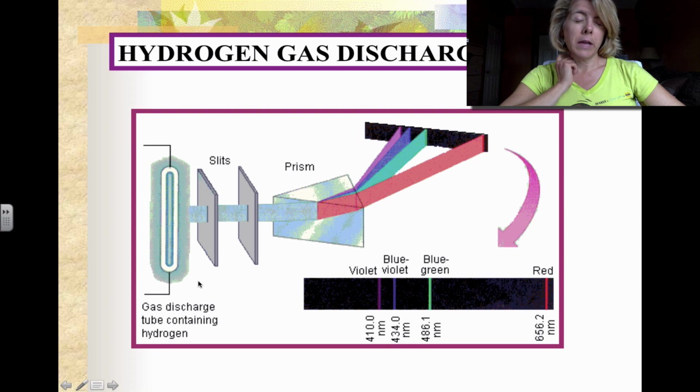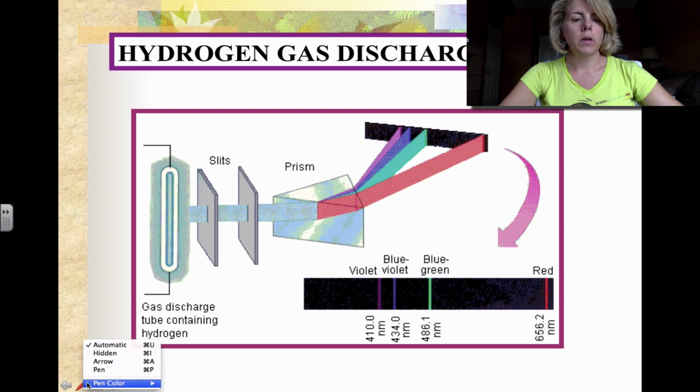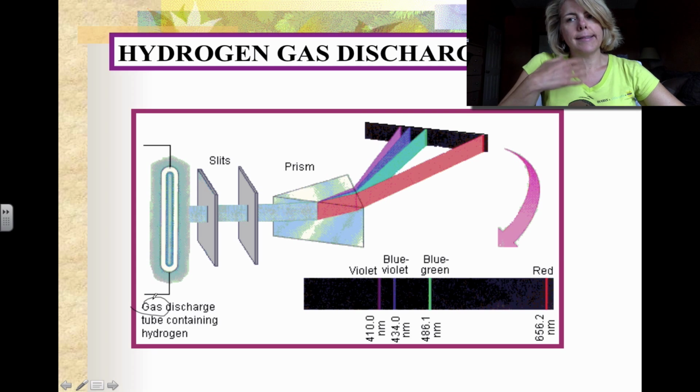So you may have done this lab, or you may not have done this lab yet. What essentially happens is we take a gas discharge tube. So we fill up a tube full of gas with a specific element. And it can't contain any air, because if it does, it's not going to give us the correct wavelengths of light that we're looking for.